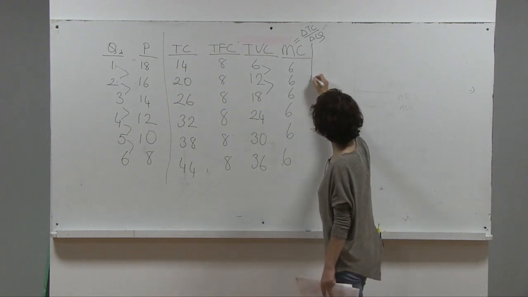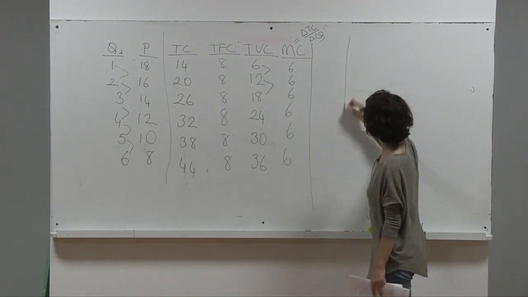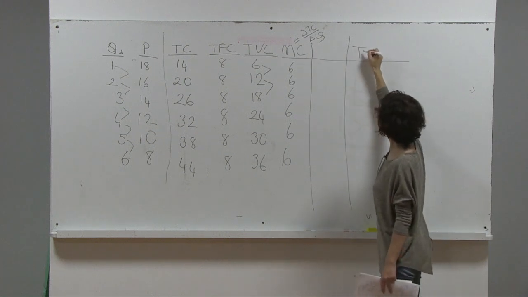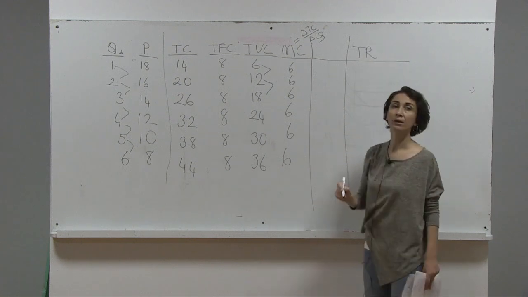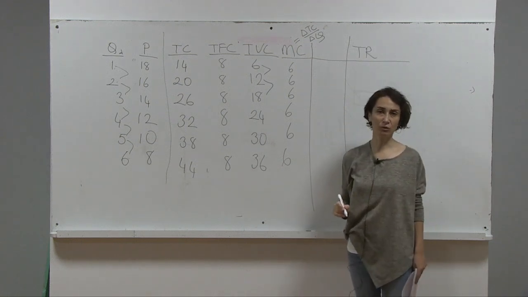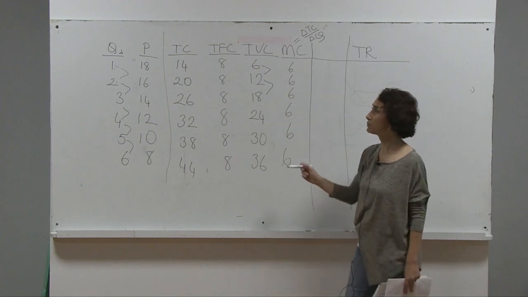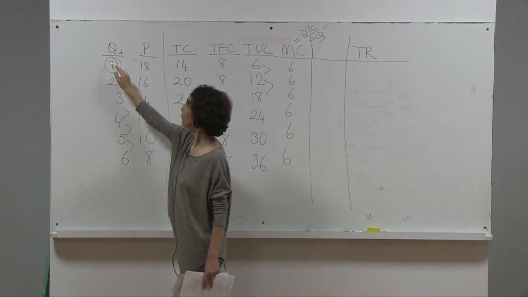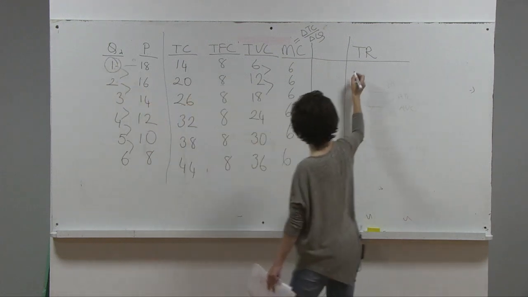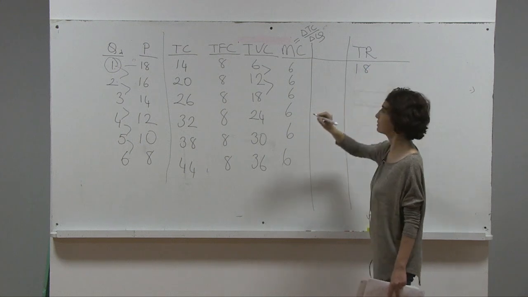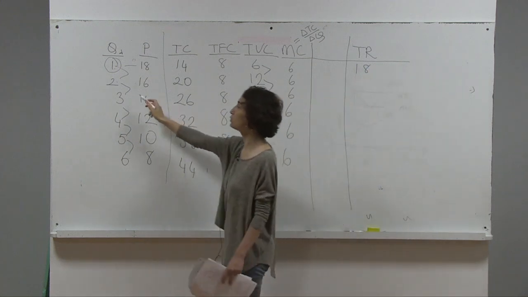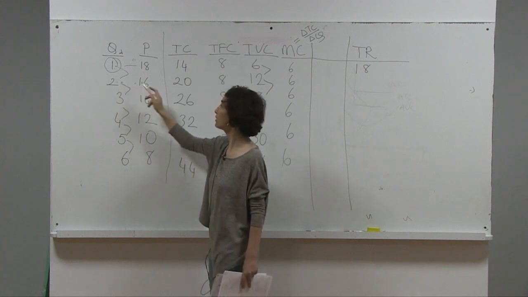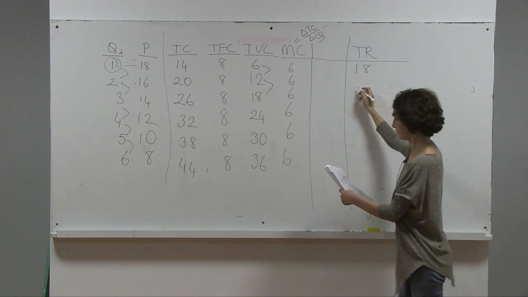So I want to find, okay, I will leave this column here for now. I want to find total revenue, right? What is total revenue for this firm when it produces only one quantity? 1 times 18. If this firm produces 2, what is total revenue? 2 times 16.